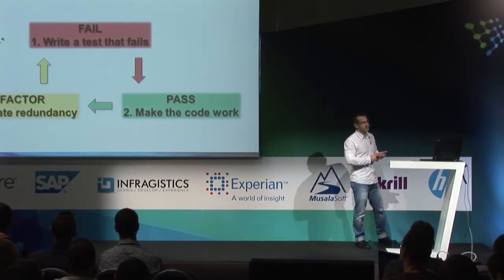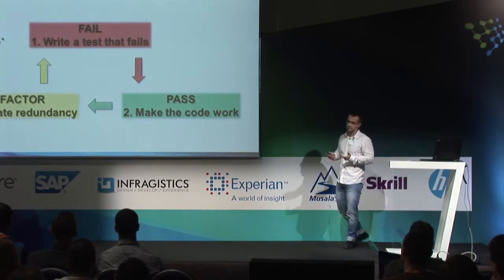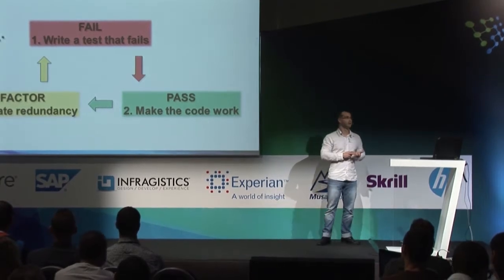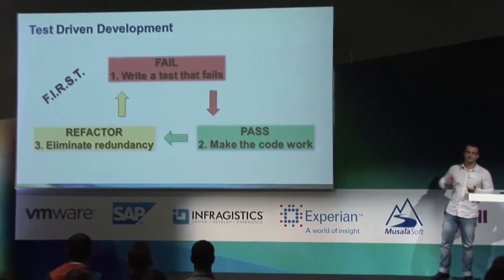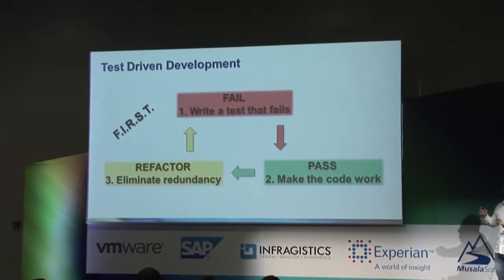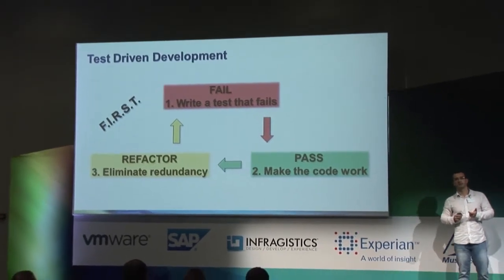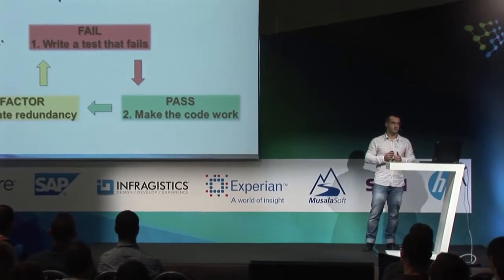I is for independent. Tests must not depend on the execution of each other. R, repeatable. If I have 10 failing tests and I run them 10 times, they must fail 10 times, and not sometimes fail, sometimes pass.